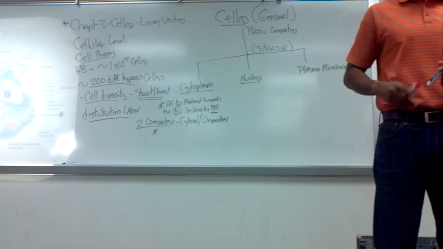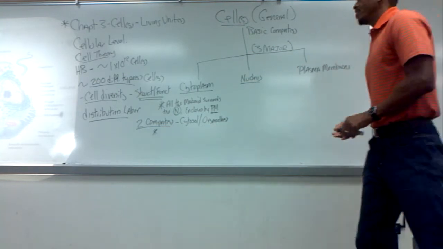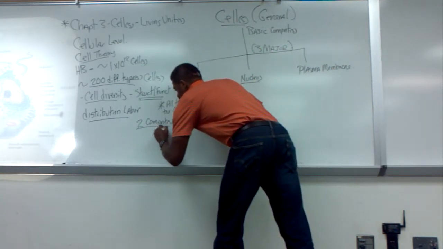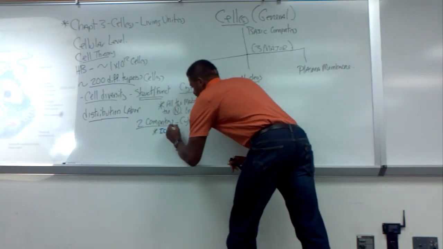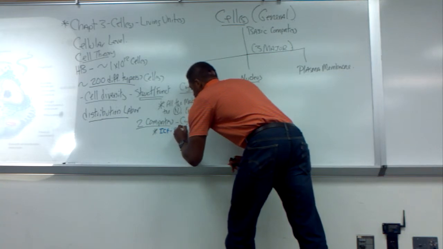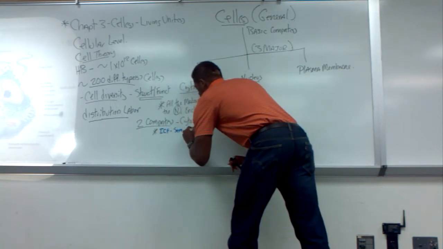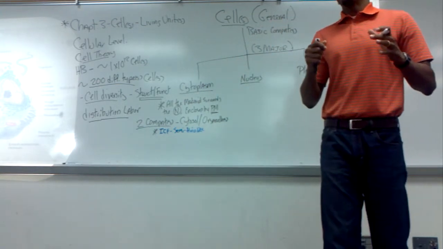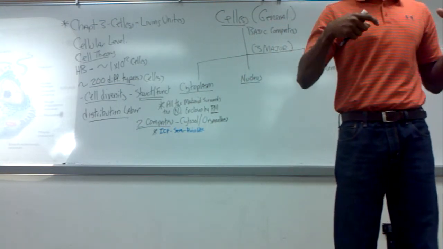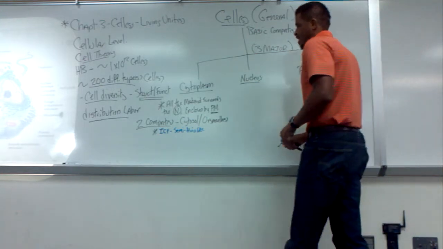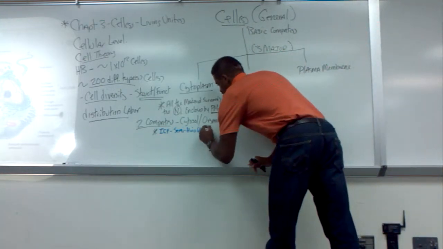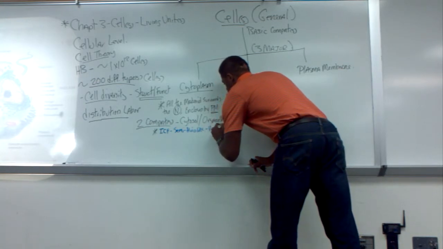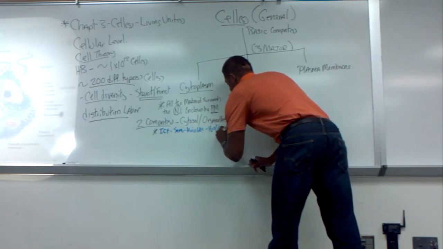So it's a semi-fluid-like material that's enclosed by the plasma membrane. It's a semi-fluid-like material that consists primarily of water plus the dissolved solids within the cell, the nutrients that allow the cell to carry out its function.